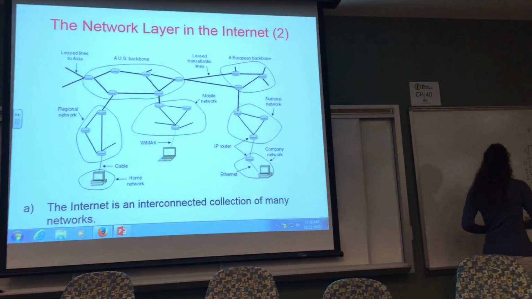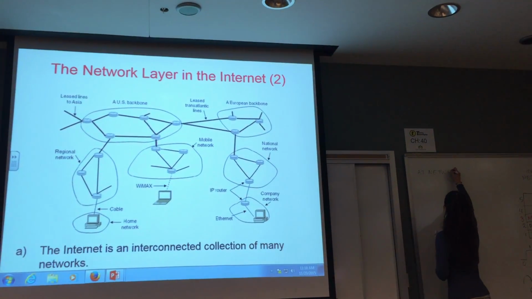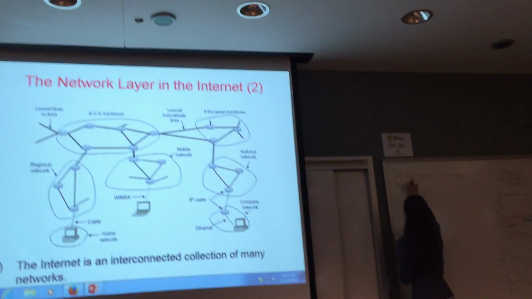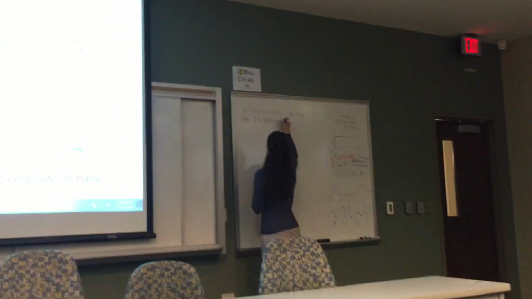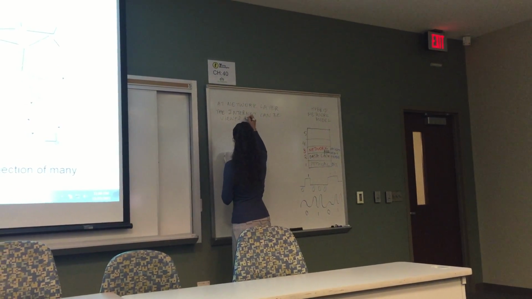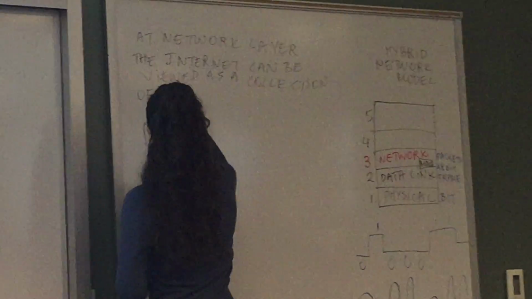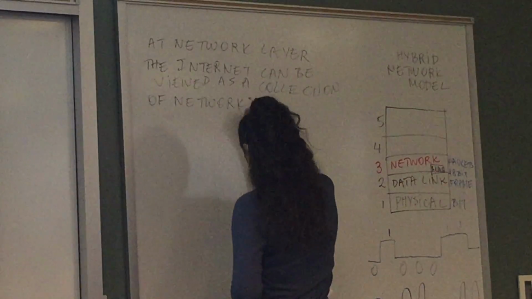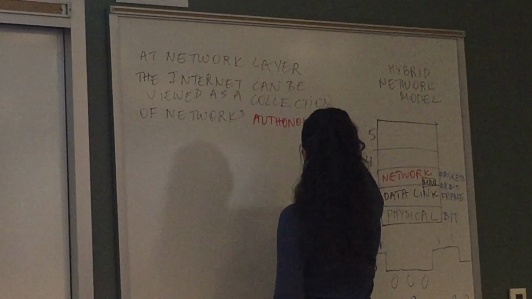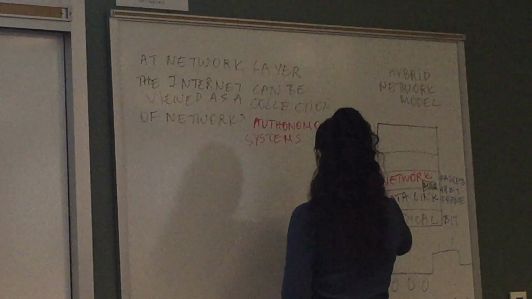So at the network layer, the internet can be viewed as a collection of networks, also called autonomous systems, that are interconnected.